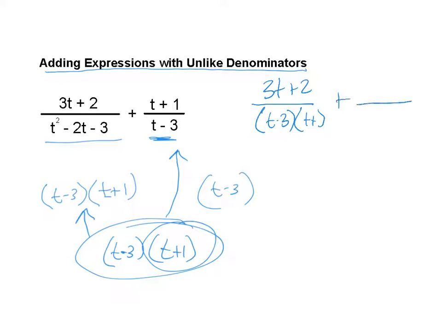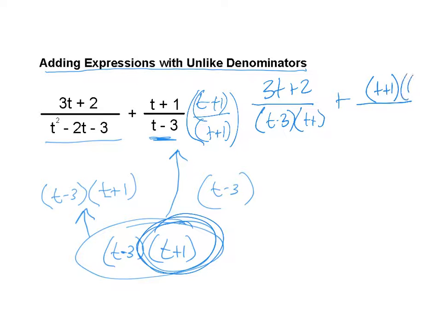And then we're going to add this side, but we're going to take this side times t plus 1. We're going to take both the top and the bottom times t plus 1. There we are. So our top becomes t plus 1 times t plus 1, and our bottom becomes t minus 3, t plus 1.